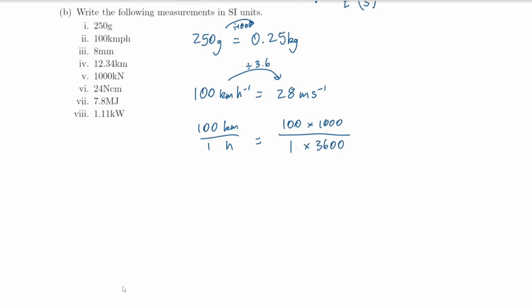And so you'll notice, so this was the original amount, 100, and we're timesing it by, what is that? 10 over 36, or 1 over 3.6, which is the same as dividing it by 3.6. Yeah, and when we go the other way, from meters per second to kilometers per hour, we would times it by 3.6.